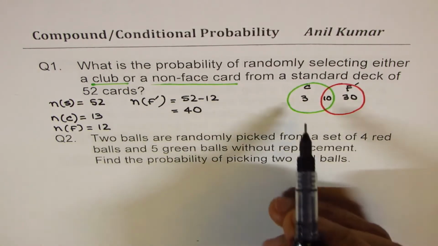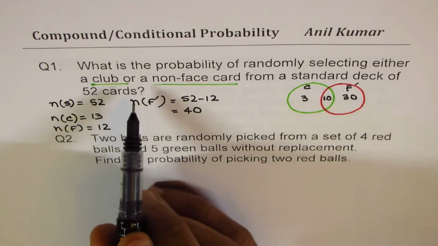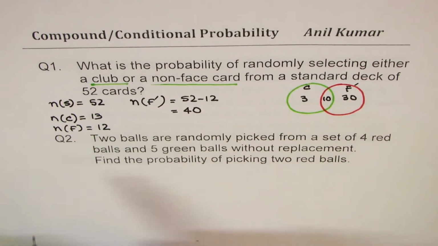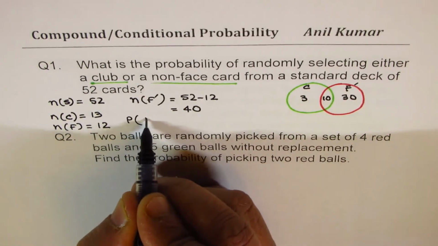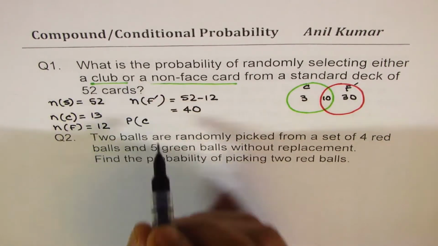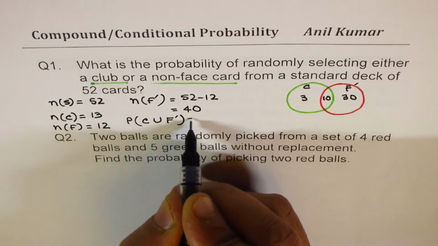So that gives you the probability. If we add them, we get the probability of what we're looking for. That is, we're looking for probability of clubs union non-face cards, right?